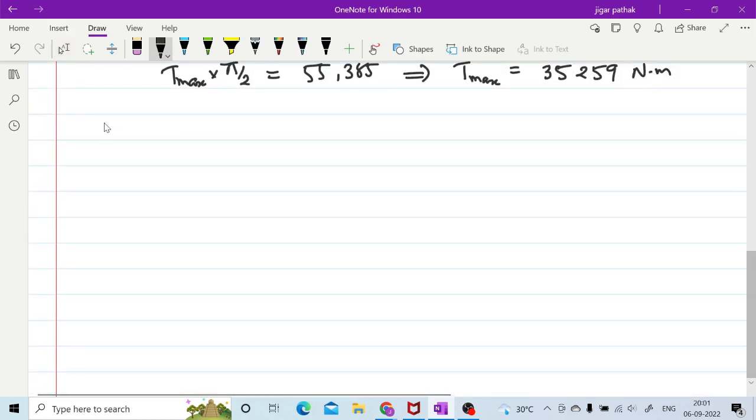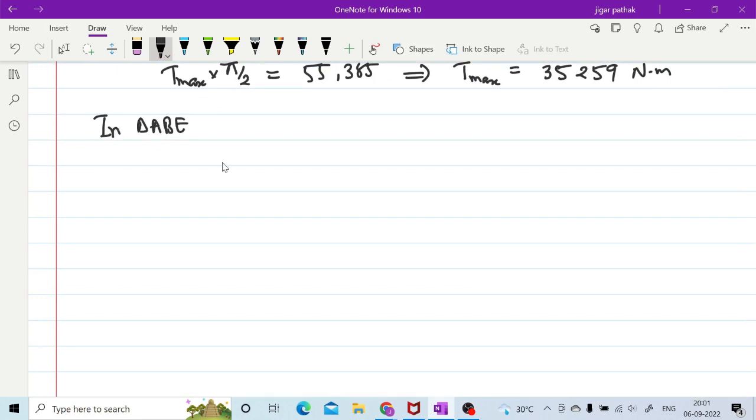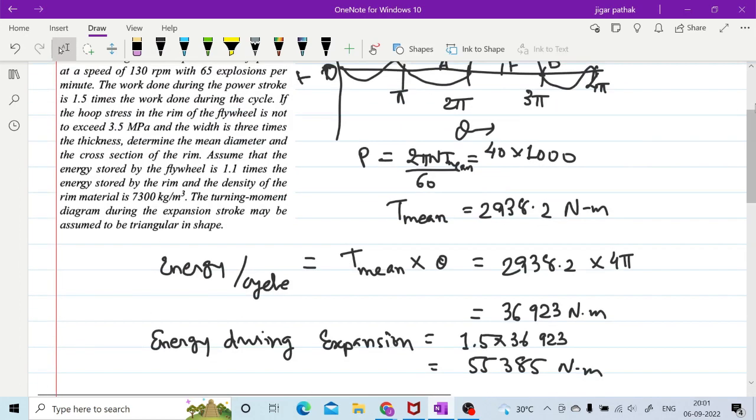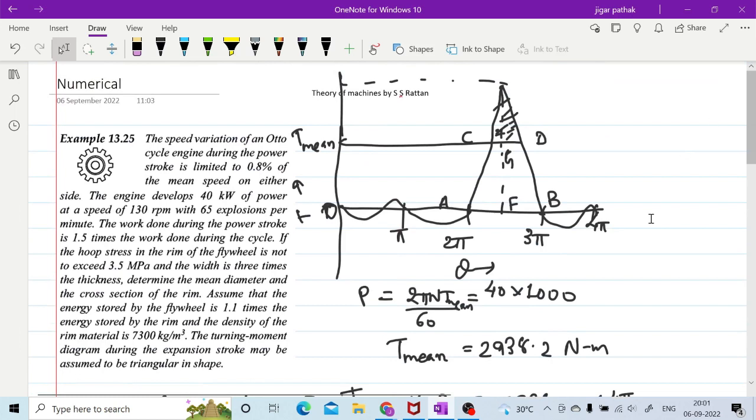Okay, sir. Now once you have this, you can go for this in triangle ABE. I will go to that slide. CD upon AB is equal to EG upon EF, from similar triangles. Now let us see in that figure where is that ABE. That ABE is here actually.